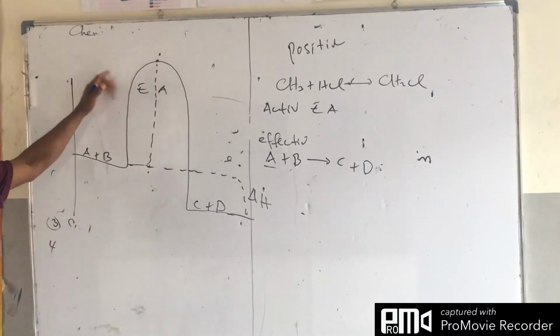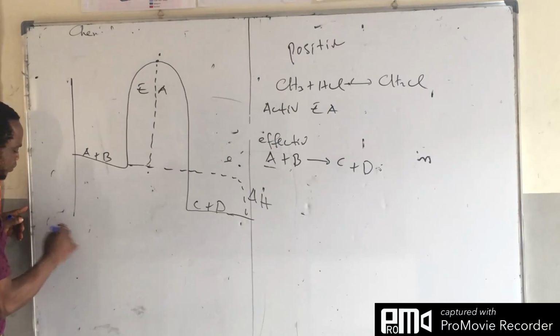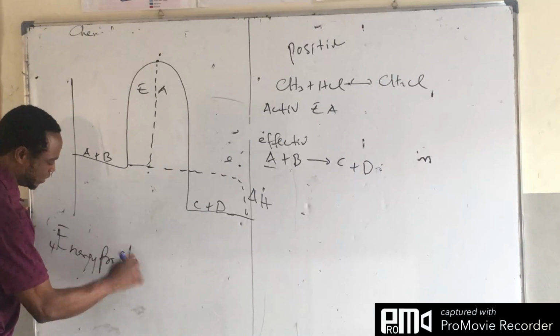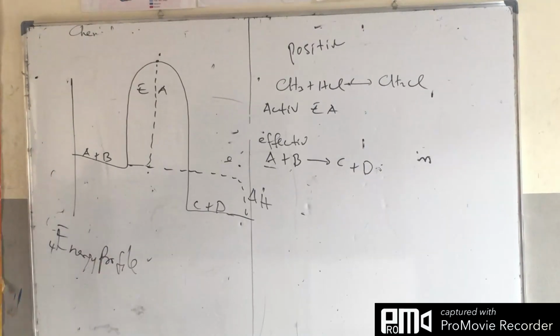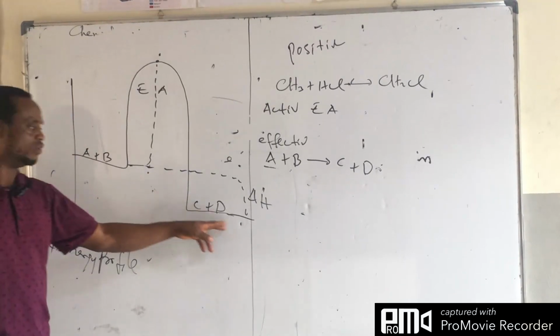Under here we have the EA. Please, we call this the energy profile diagram, which tells us whether the reaction is exothermic or endothermic.